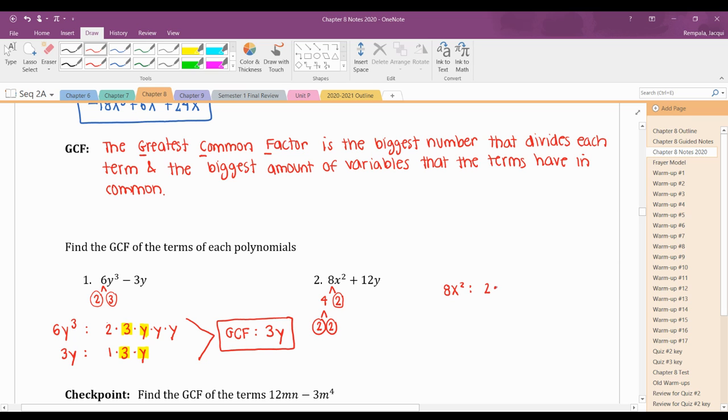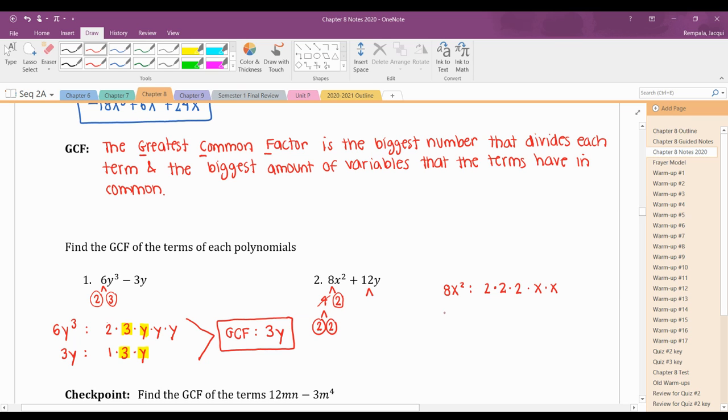If I multiply 2 times 2 times 2, that's going to get me 8. So since 4 isn't circled because we broke it down, cross it off. That's not going to go on my list of common factors. I also have x squared, so that means I want an x times an x because there's 2 of them.